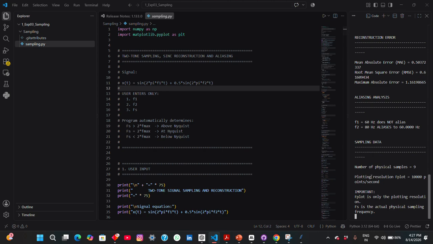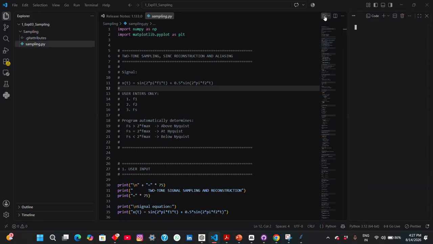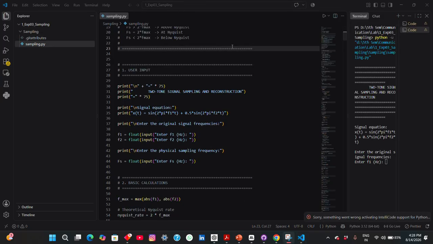Now let's take F1 again as 60 Hz, and rerun this. So now we are taking F1 60 Hz and F2 equal to 80 Hz again.